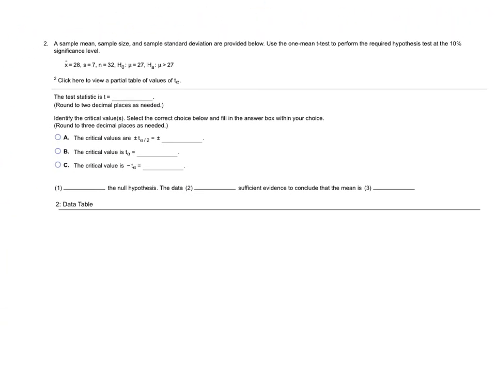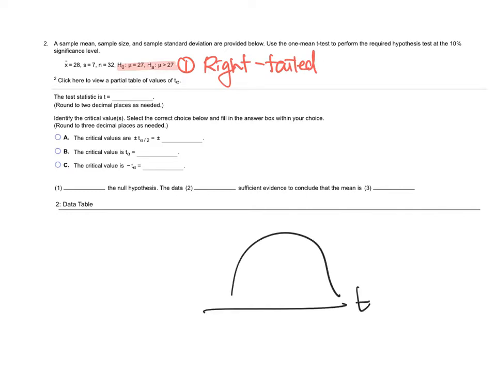Okay, so let me go to number 2. See, step number 1, right tail. It is a right tail. The right tail means it's to the right. So I can expect a positive test statistic and a positive critical value.